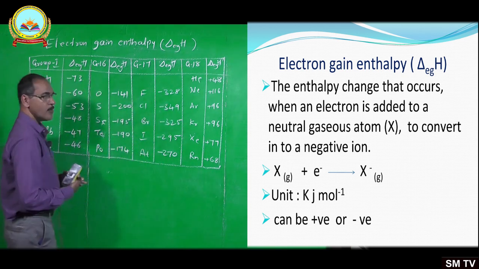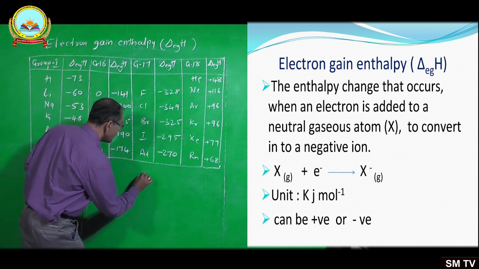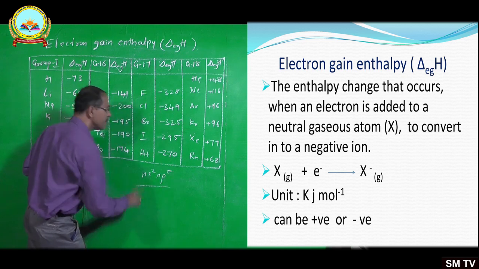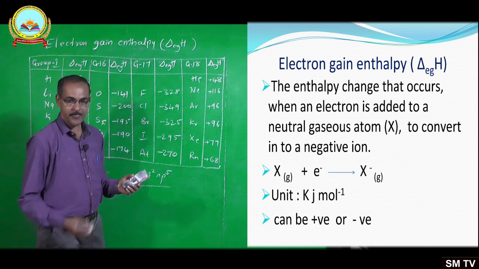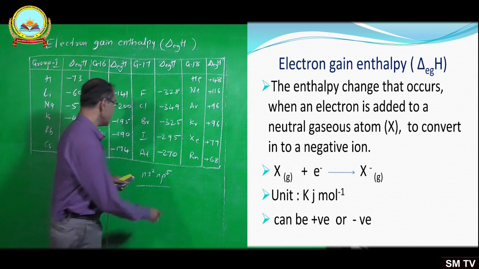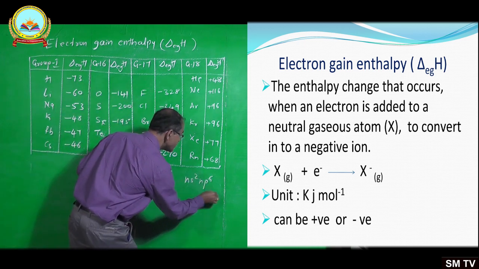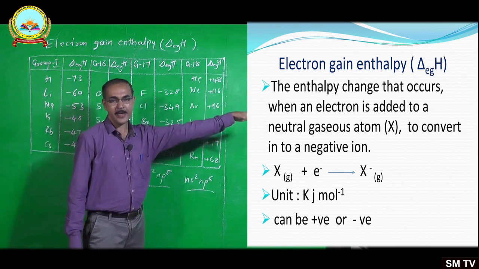The electronic configuration of group 17 elements is ns²np⁵. If they gain one electron, the configuration will be ns²np⁶, that is the configuration of the next higher inert gas.